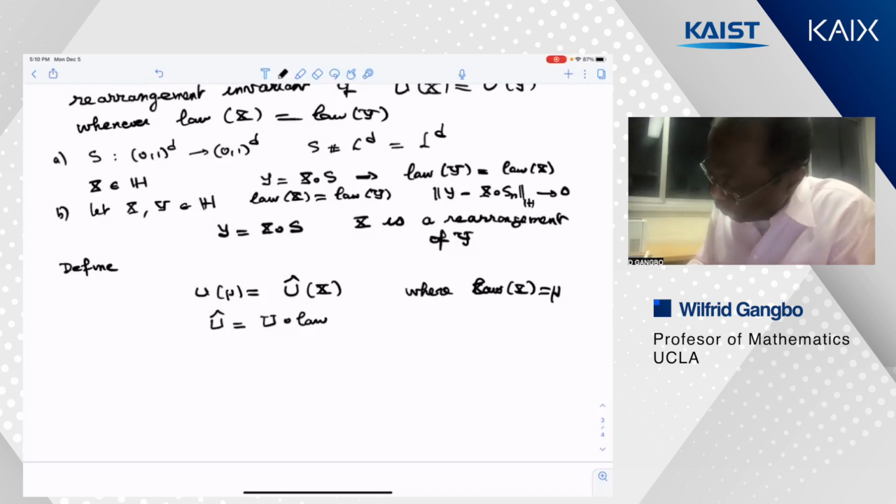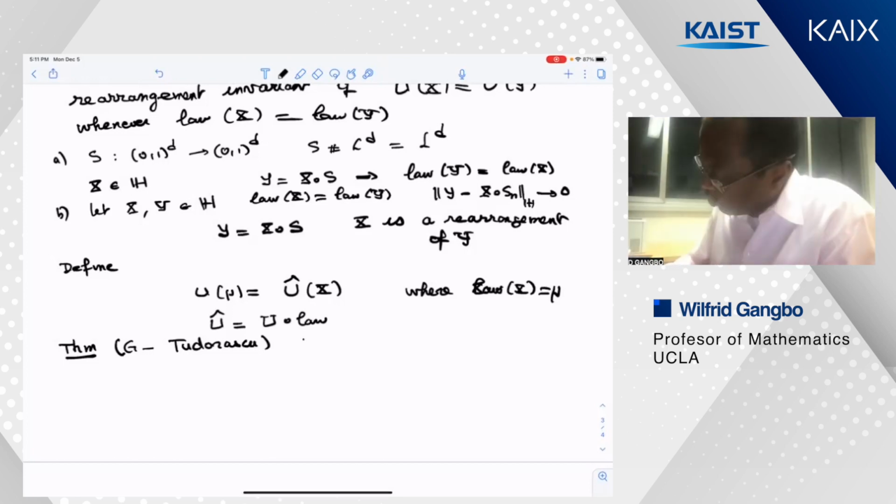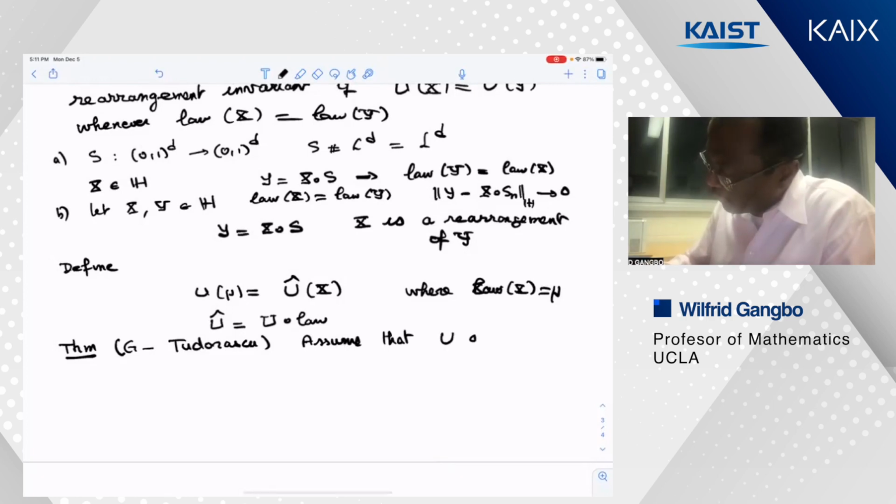So we have the following theorem. This is due to Tudorescu and myself. Assume that U and U hat are as above.